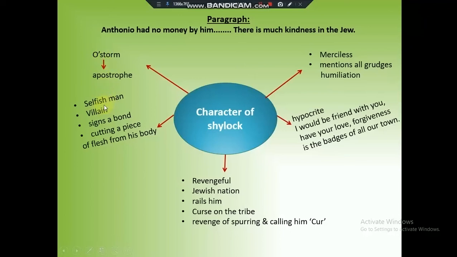You can observe that Shylock is presented as a selfish man, as a villain who wants to give money to Antonio, but on the condition that if Antonio fails to return the money of 3,000 ducats on time, he forces Antonio to sign a bond that Shylock would cut a piece of flesh from Antonio's body from anywhere he wants.